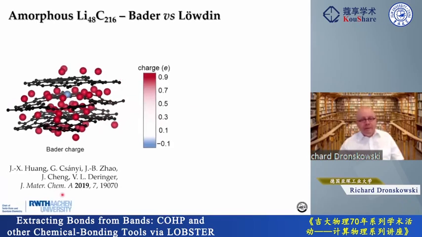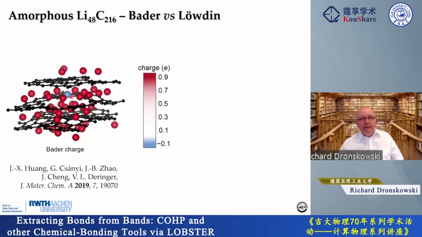This is an example carried out by a former coworker of mine, Volker Deringer, one of the best students I ever had. He's now become a professor at Oxford. So he was calculating a battery material, carbon 216, an amorphous carbon backbone into which lithium was inserted. And when you calculate the Bader charges, which takes an awful lot of time, you find that most lithiums are positively charged.